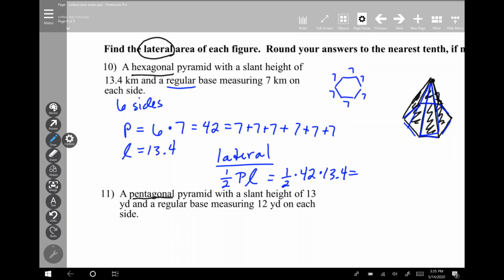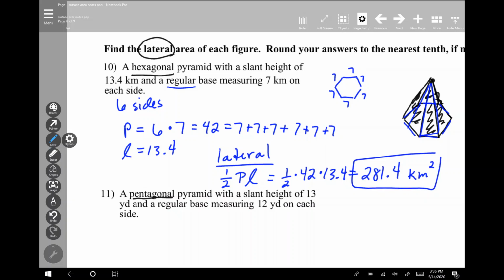We will just type that into our calculator. So 1/2 times 42 times 13.4, and we will get 281.4, and it would be kilometers squared.